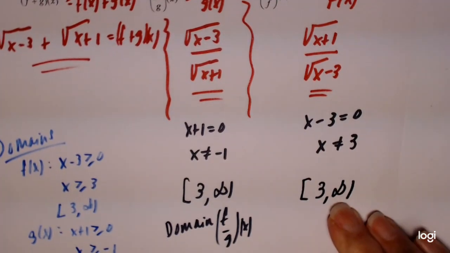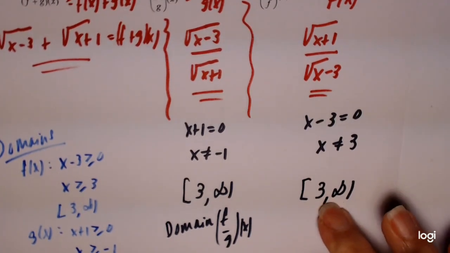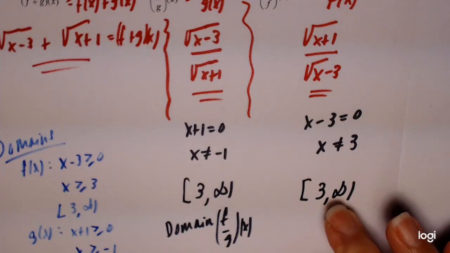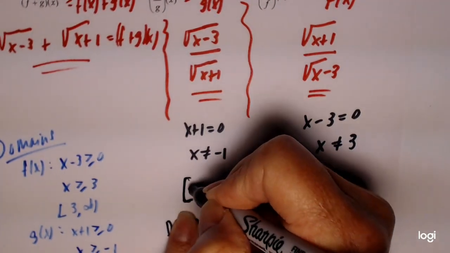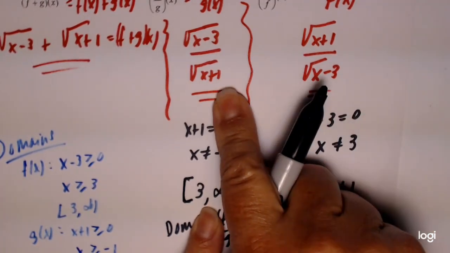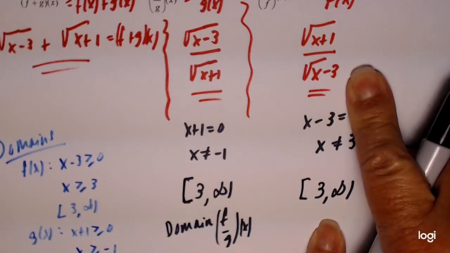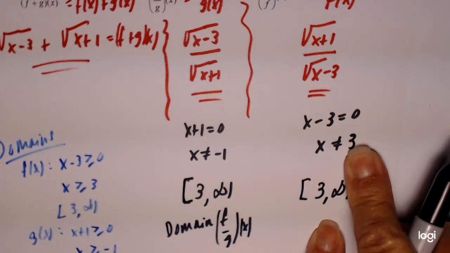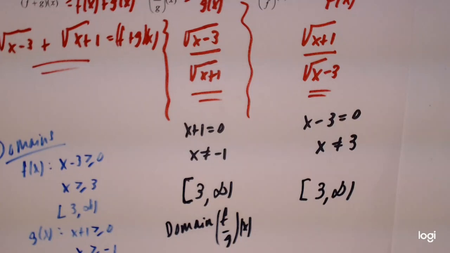When we looked at f and we looked at g individually, we said this is the interval that works for both of them. In the previous case, we were able to leave this bracket because the -1 that we had to exclude because of the denominator wasn't in here. However, in this situation, the 3 can no longer be included because it creates a 0 in the denominator.